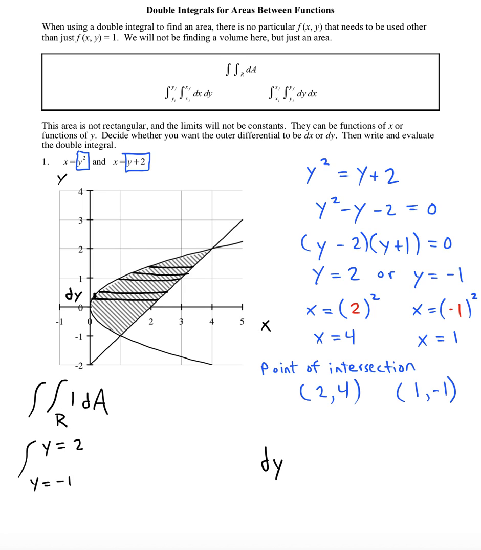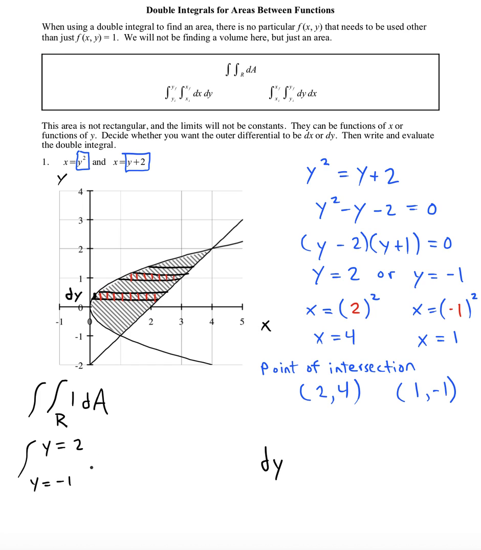Now we need to do the inner integration. And what that's all about is cutting each main up into little pieces of area. Now you cut the main up first, and then you go through the whole strip, integrating along the x-axis.